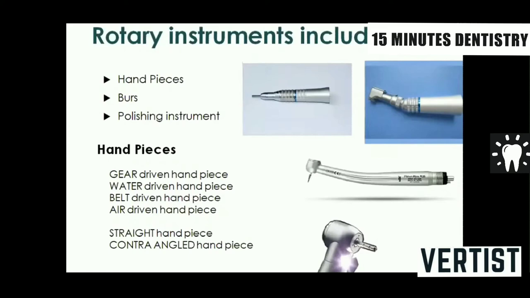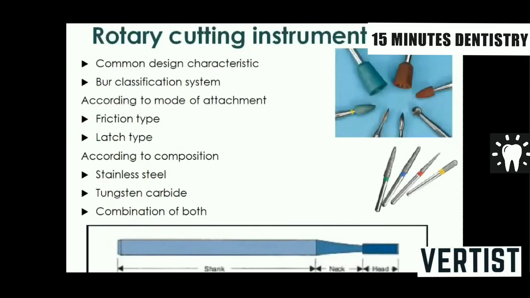But a word of caution in this COVID-19 period: as far as possible, aerosol generating procedures with aerotor handpieces are not to be used, except for emergency patients, and that too in a separate chamber with the rubber dam in place.